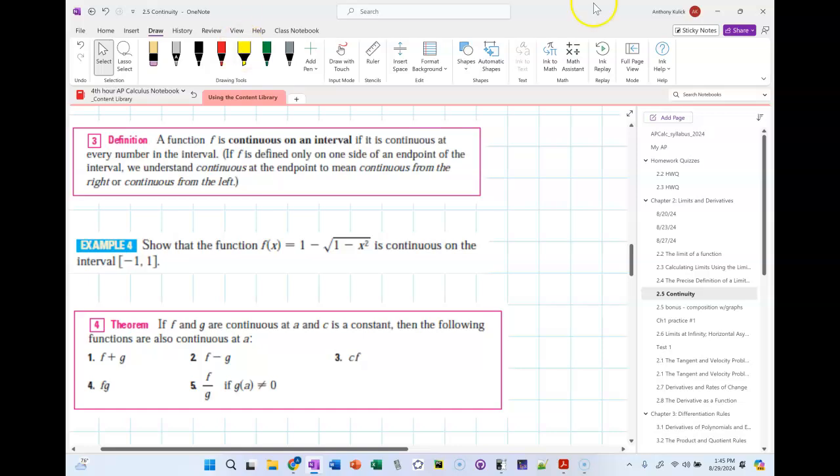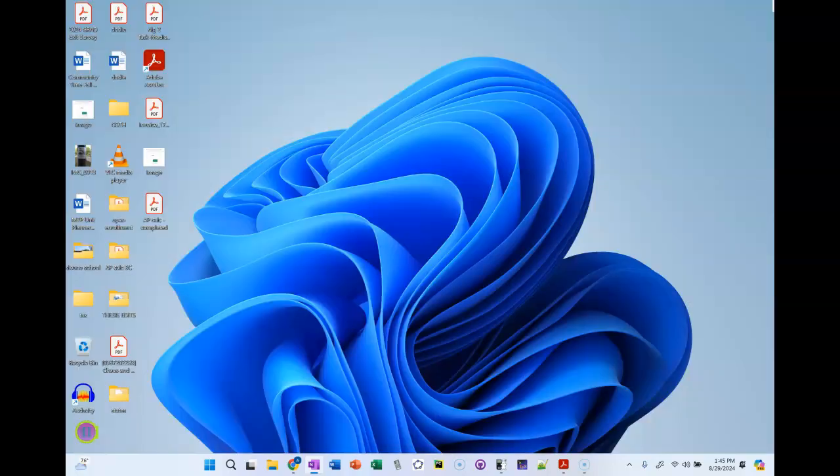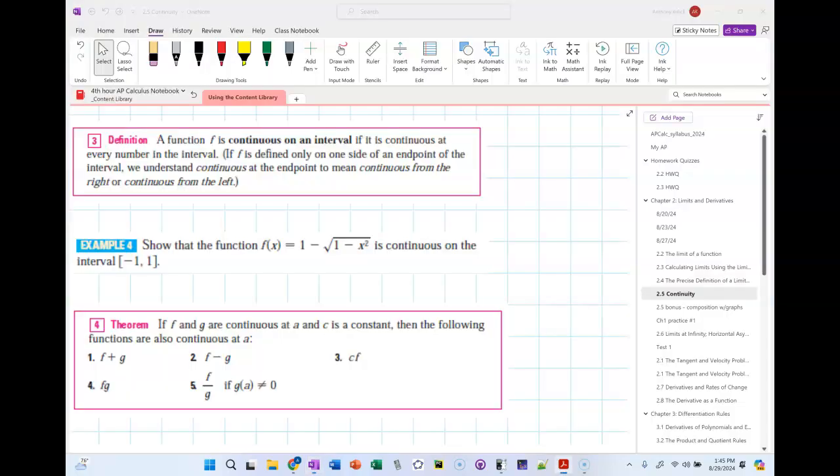So example 4 here says to do something different. Here it says that we want to show that the function f of x is continuous on the interval from -1 to 1.